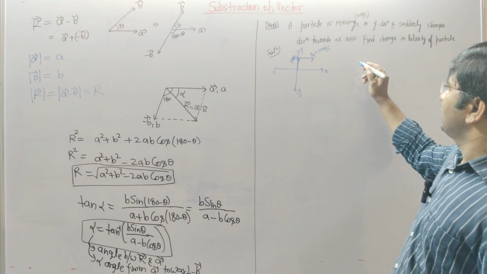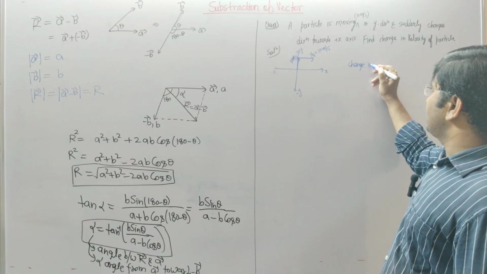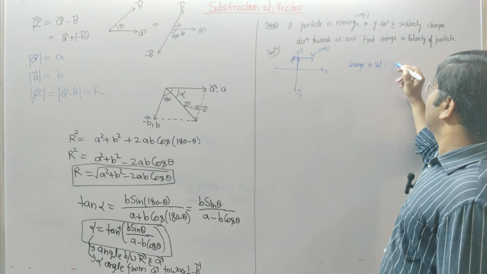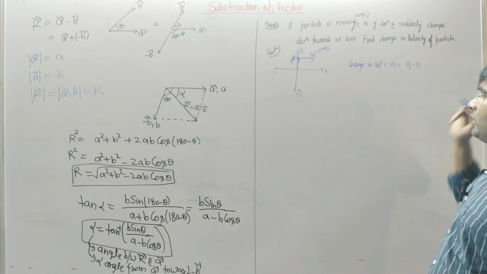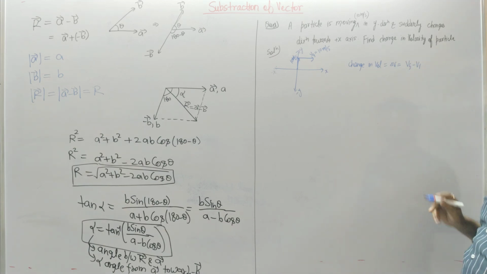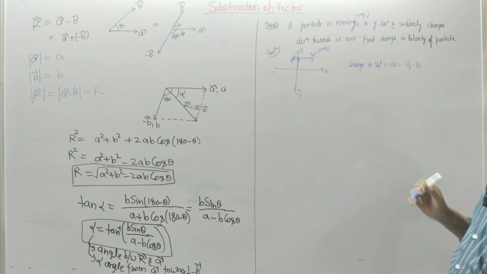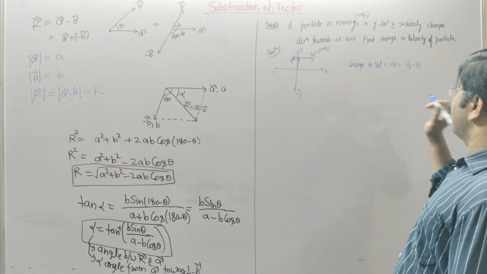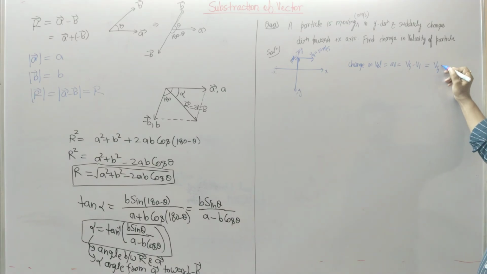So we have to find the change in velocity. We know that change in velocity means final velocity minus initial velocity. So here vector subtraction is coming: vector final minus vector initial. We subtract initial from final, so we can write v final plus minus v initial.